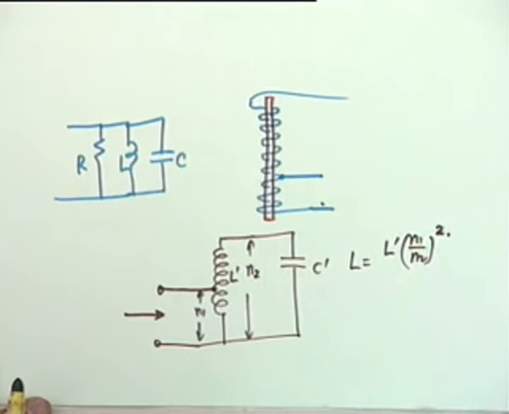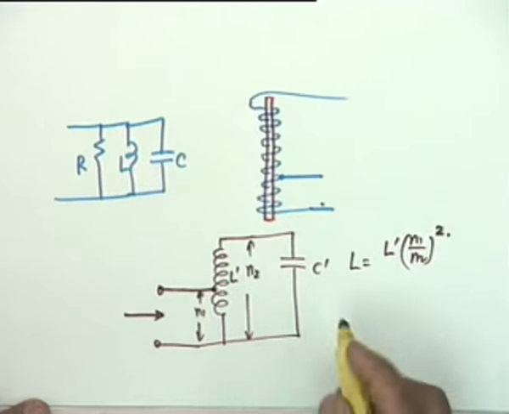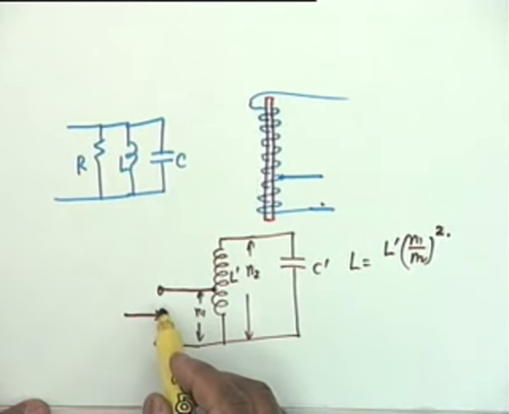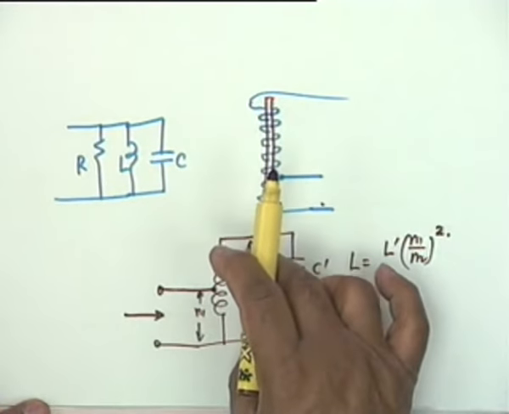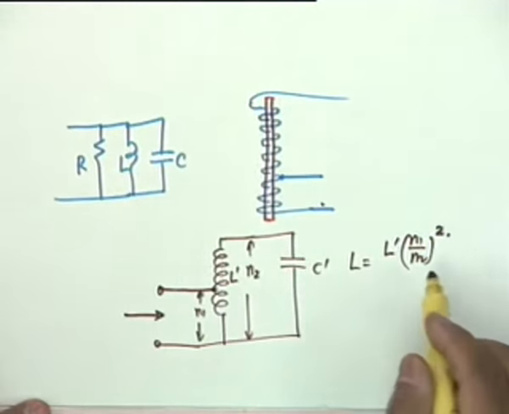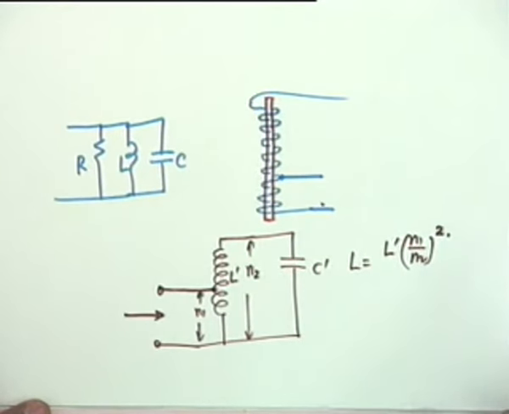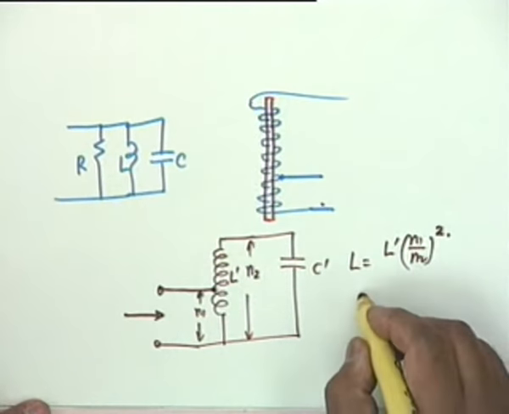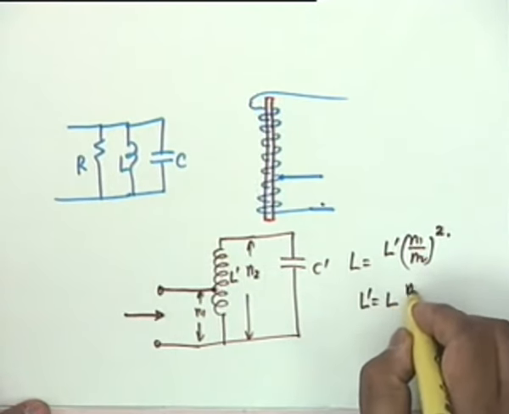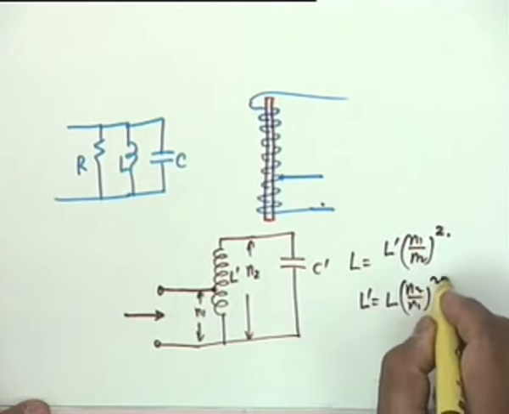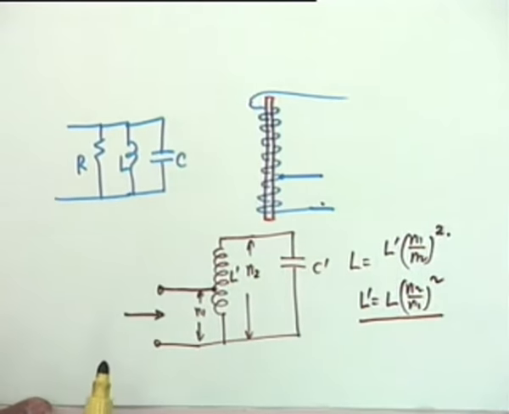Is that clear? The impedance reflected here, the inductive impedance, would be j omega L prime multiplied by the turns ratio whole squared. Therefore, the inductance is multiplied by this. Is that clear? Okay. So, L prime that you make is L times N2 by N1 whole squared, which is obviously larger than what you required.